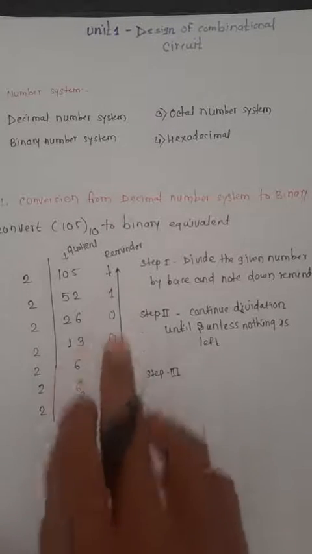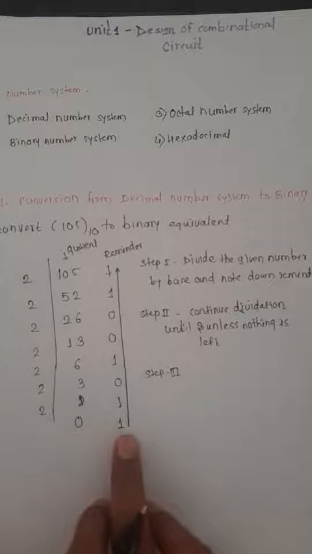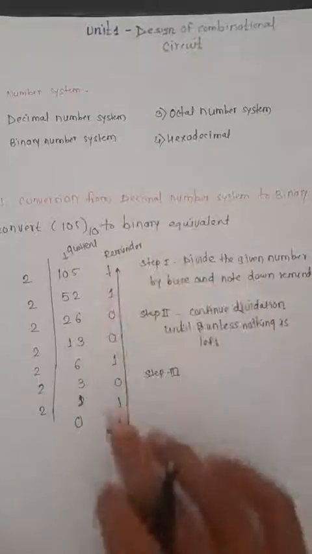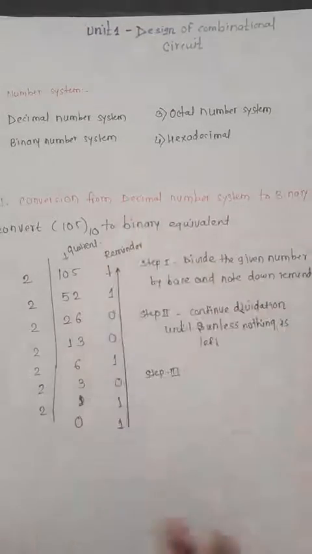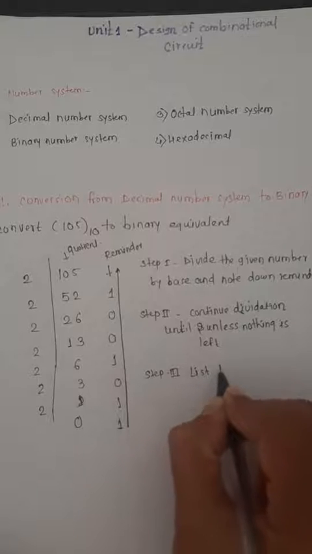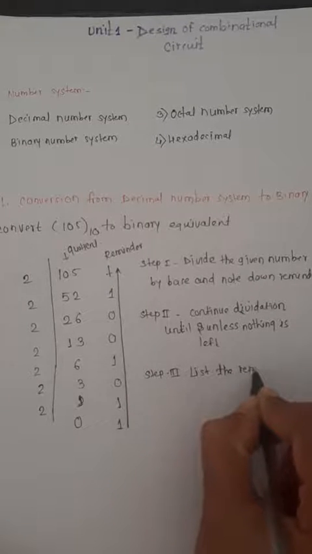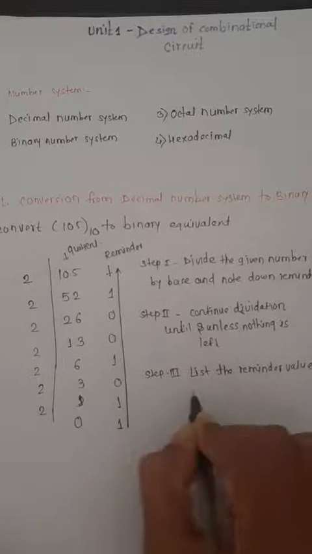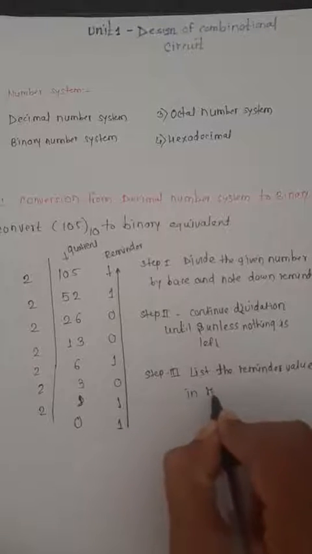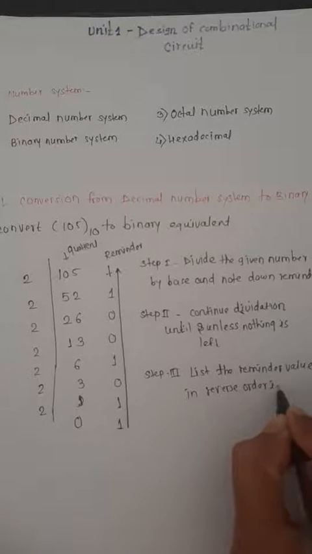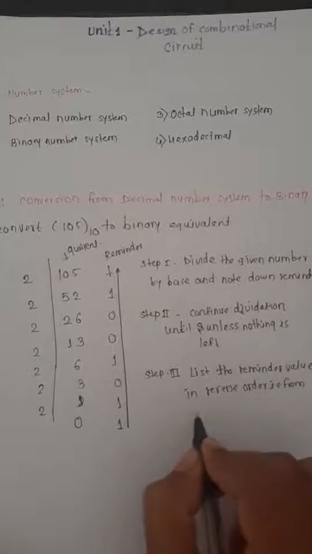So the answer is nothing but the remainders written from bottom to top. That's why I am indicating the arrow in bottom to top direction. So next step is list the remainder values in reverse order, that is from bottom to top.